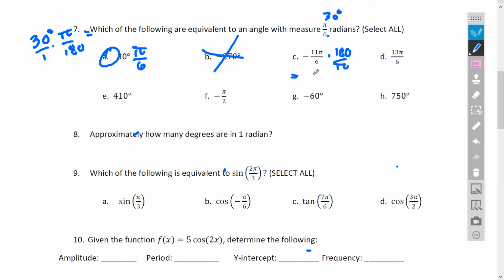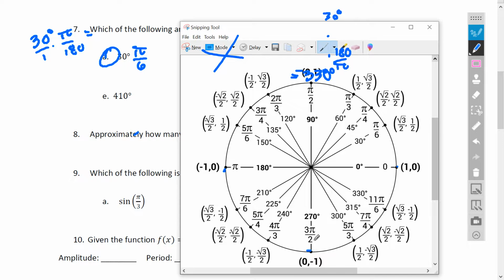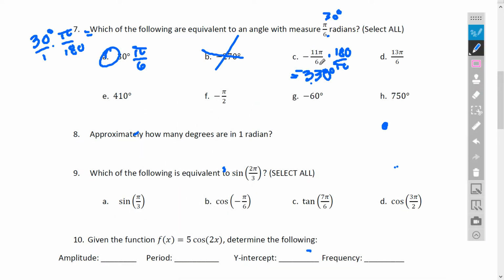So this is a negative 330 degree angle. Now a negative 330 degree angle is the same as a 30 degree angle. If we look at the unit circle, negative 90, negative 180, negative 270, negative 360, so negative 330 would be right here, which is indeed a 30 degree angle. So this one is equivalent to pi over 6.